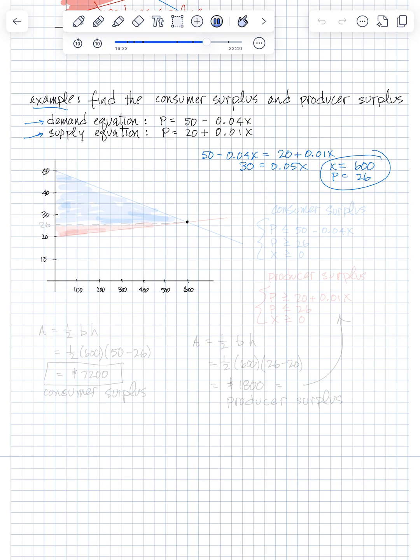So now we can draw the curves. When x is 0 for the demand curve, 50 minus 0 is 50, so it's going to start at 50 and go through the equilibrium point. And then on the supply equation, 20 plus 0 is 20, so start at 20 and it's going to go through the equilibrium point.